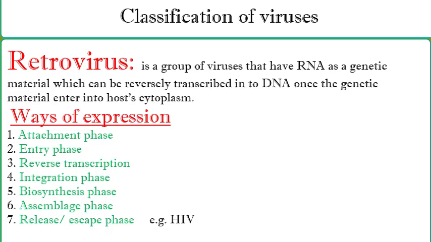Third, its genetic material RNA is reverse transcribed to DNA via reverse transcriptase enzyme. Fourth, viral DNA then enters the host nucleus and integrates with the host genome. Fifth, viral DNA controls the formation of more viral proteins and RNA. Then, new viral RNA and new viral protein assemble to produce new viral particles. The new viral particles then leave the host cell.